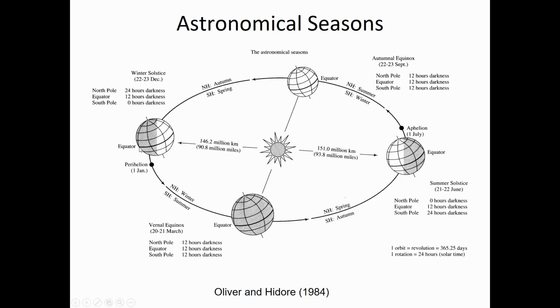As it orbits, there's the period where, let's see, the vernal equinox is where the northern and the southern hemisphere have an equal amount of radiation because the equator itself is closest to the sun.